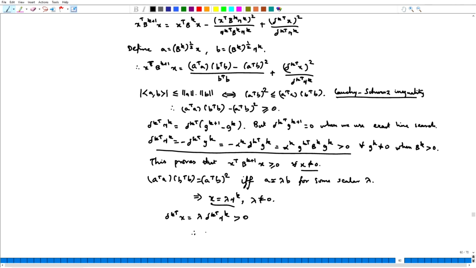So, that shows that x transpose B_{k+1} x is greater than 0 for all x not equal to 0, which implies B_{k+1} is positive definite.